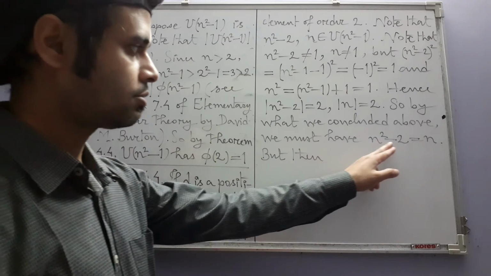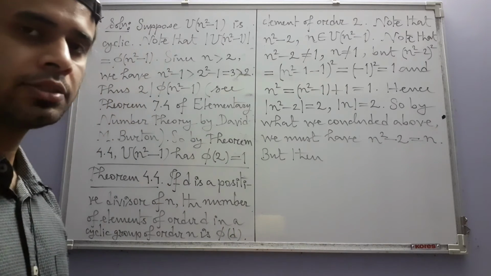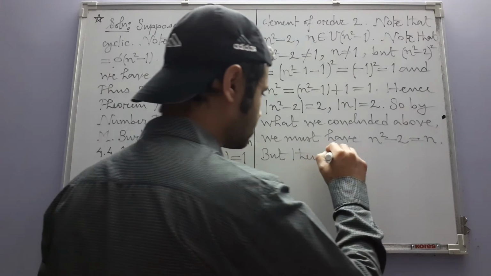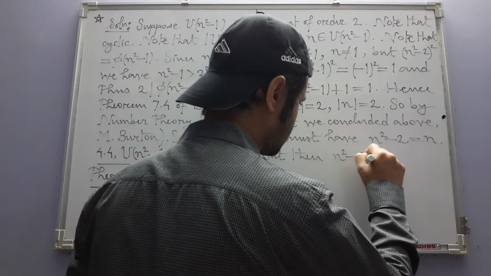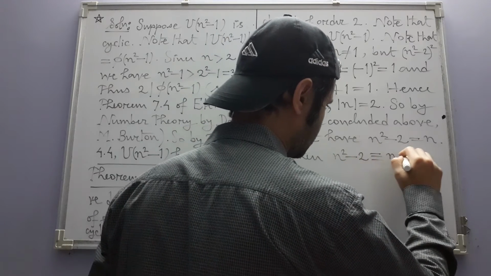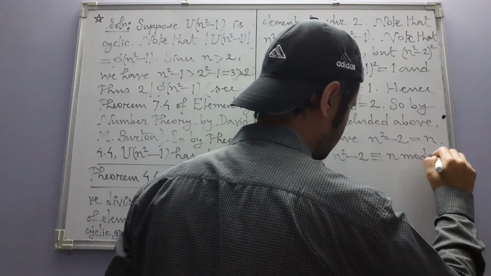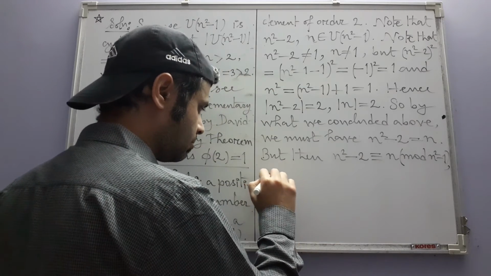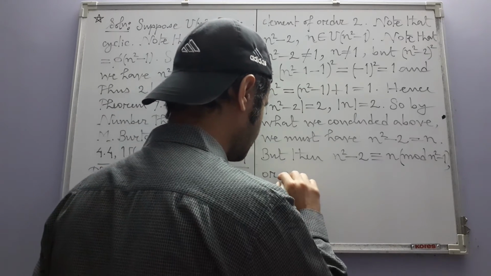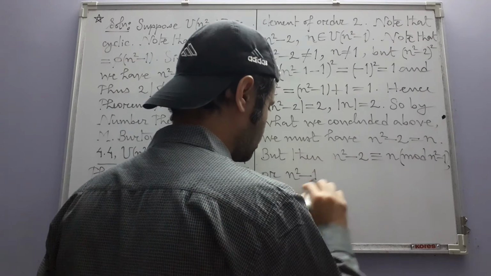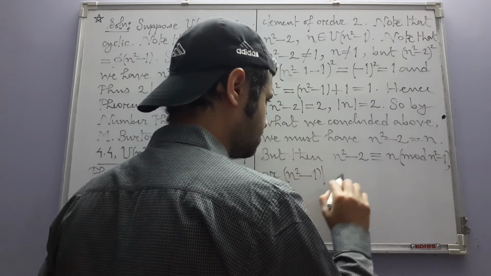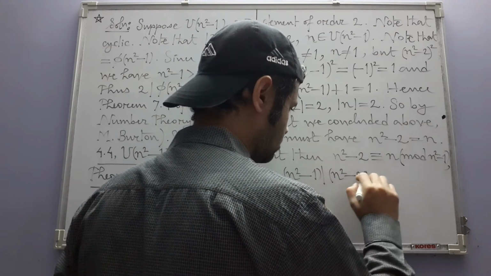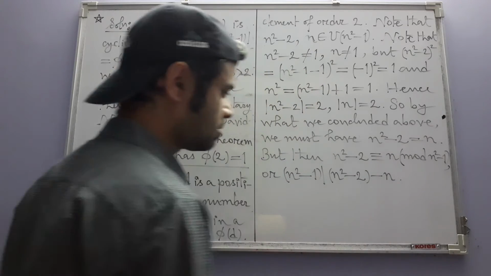It means that n square minus 2 is strictly speaking congruent to n modulo n square minus 1. Or which really means this: n square minus 1 divides this difference.